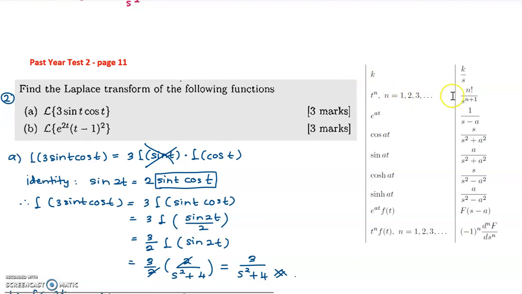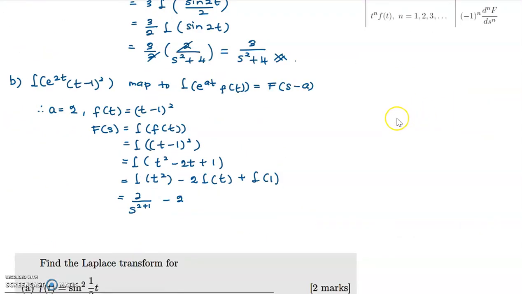So we have 1 factorial over s to the power 1 plus 1.